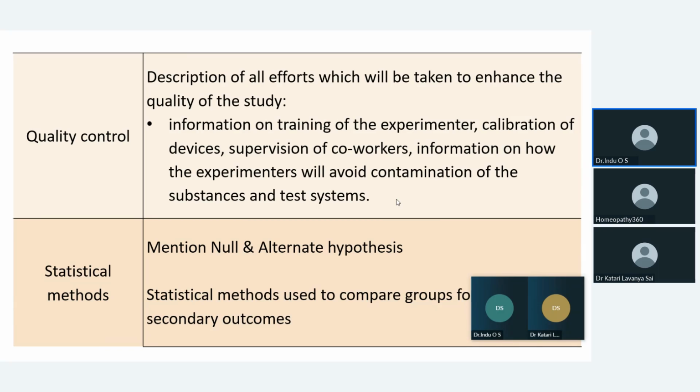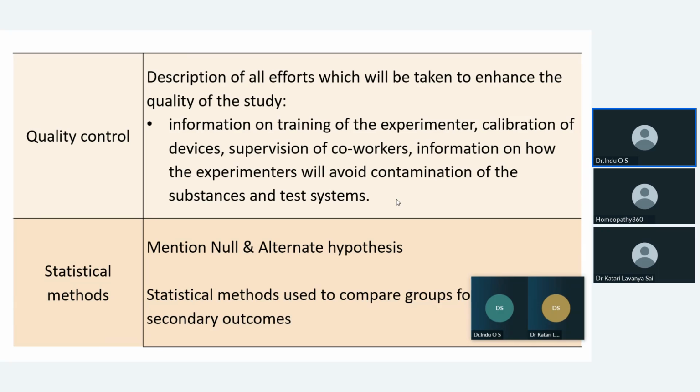For that, students should get guidance from the guide, or else they can get help from an expert or a statistician. Some institutions have biostatisticians, and PG institutions will definitely have a statistician, so they can get help from the statistician. Statistical methods are used to compare the groups for the outcome.